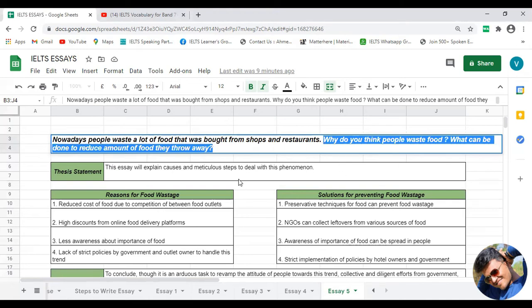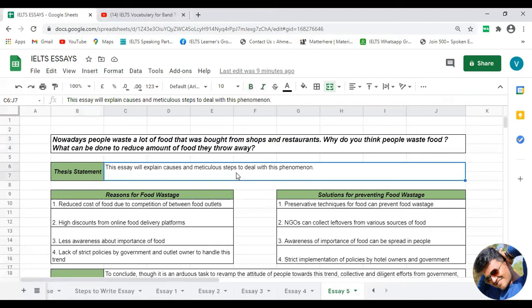And if I talk about the thesis statement for this particular essay, it would be a very, very simple thesis statement. Simply you can tell your examiner that this essay will explain the causes, meaning the reasons, and the solutions to deal with this phenomenon, meaning this trend of wasting food.